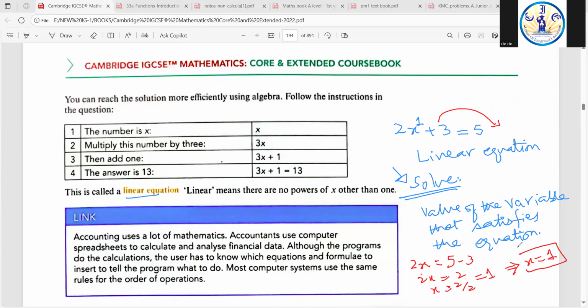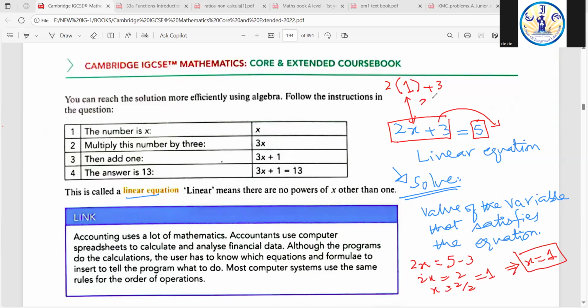That means if we substitute this value of x, the variable, into this equation, 2 times the value of variable x, which is 1. I replaced the value of x to be 1. Don't get confused with this one. This was actually the power of x, and now this is the value of variable x, and then plus 3. Do we have the same answer on this side of the equation as on the other side, that is the right hand side? So let's see.